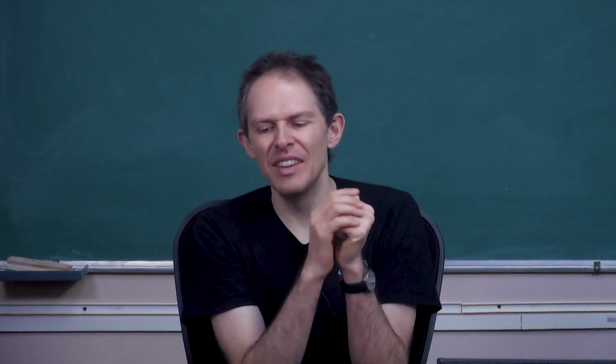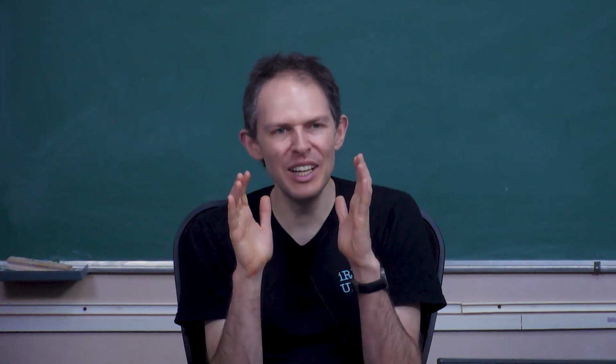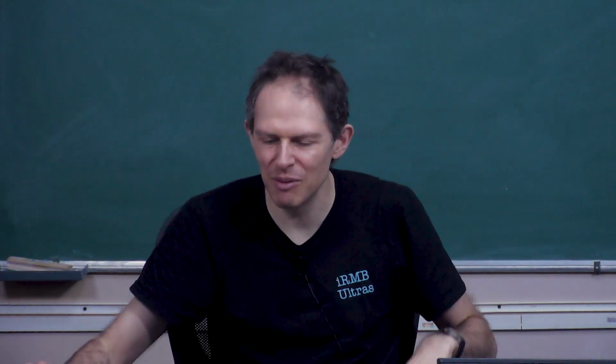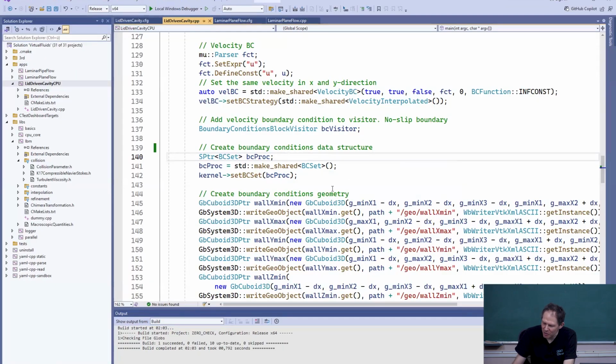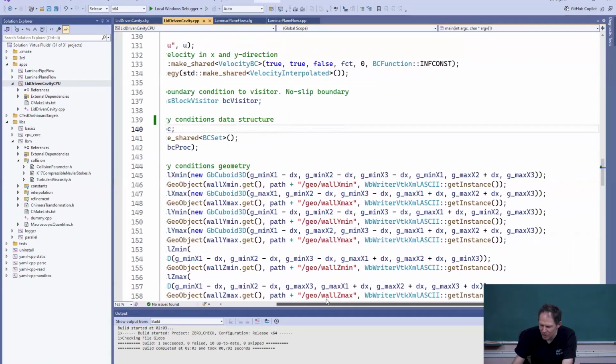So this has to be treated in a different way. Therefore, because we have this possibility, we also have to tell them that here we are dealing with the usual boundary conditions, and this is why we have to produce the data structure for the boundary conditions individually, and cannot just say do the default. Maybe this can also be improved. Now, what comes here is that we set the geometry of these different boundary conditions.